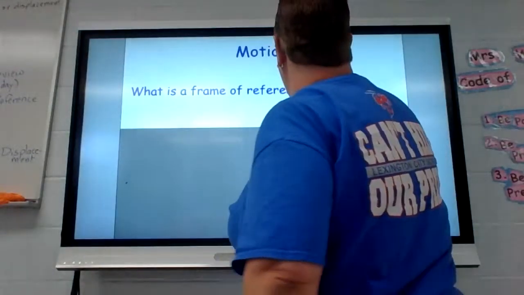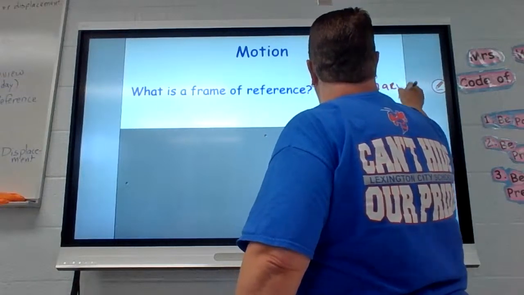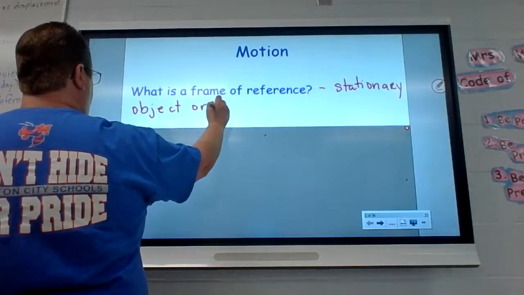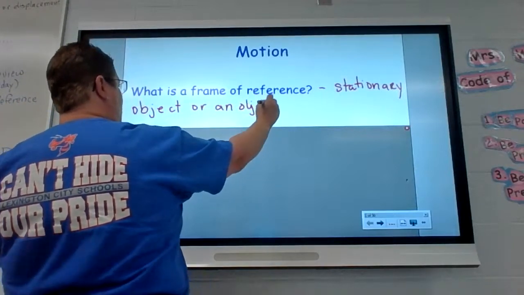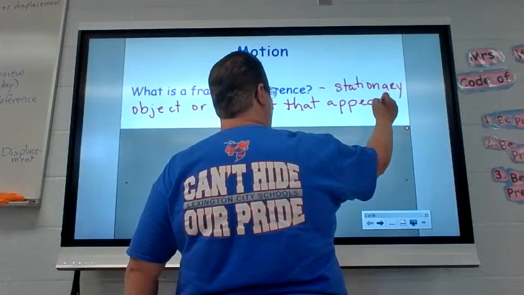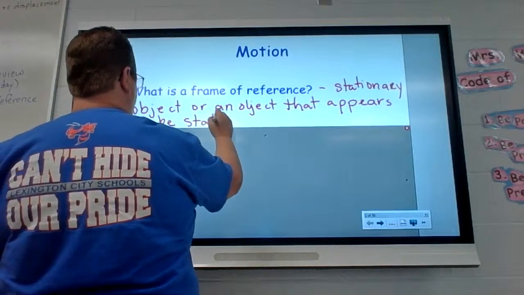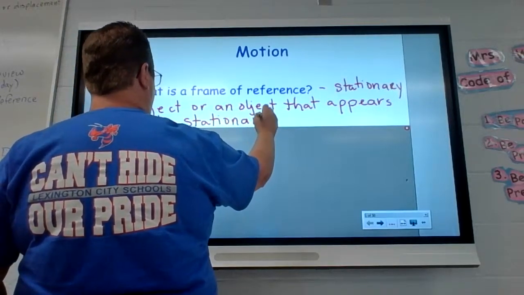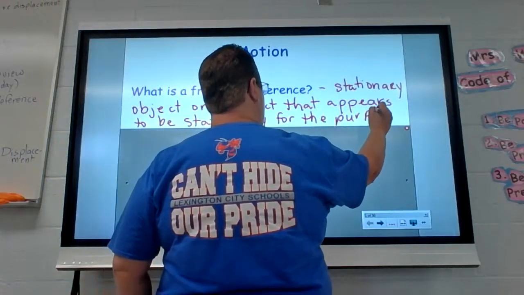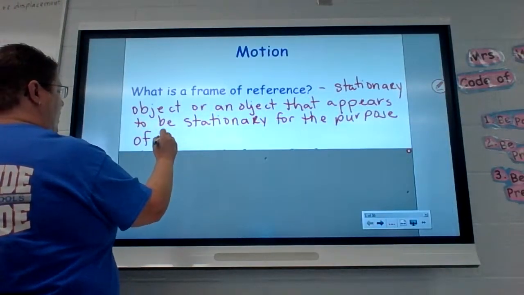A frame of reference is essentially a stationary object, or an object that appears to be stationary, for the purpose of comparison.